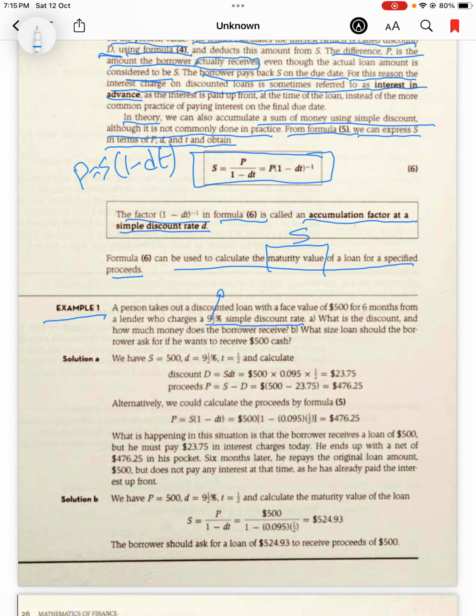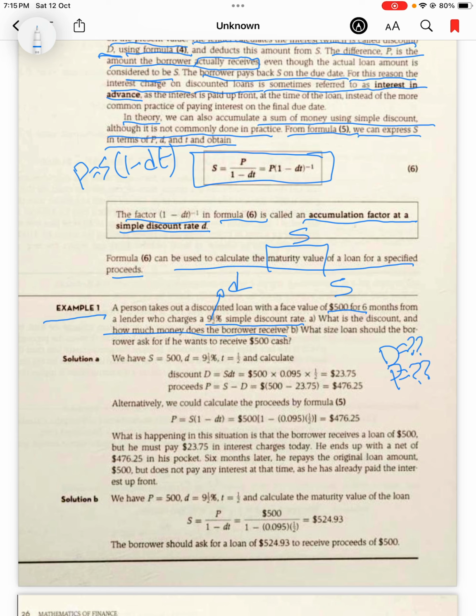What is the discount, and how much money does the borrower receive? He wants D, and he wants also B.